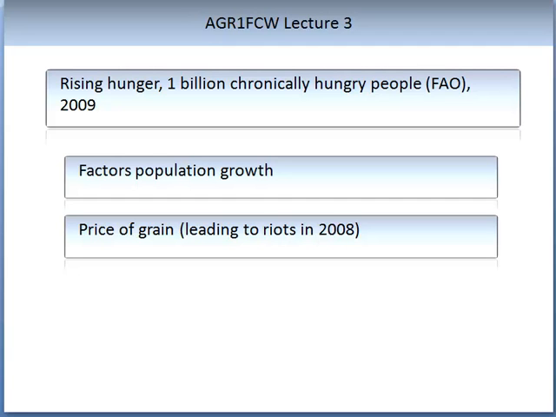The FAO have cited several factors contributing to the current rising hunger. The main one was population growth. In addition to this, they quoted that there was a sharp hike in the cost of grain prices.